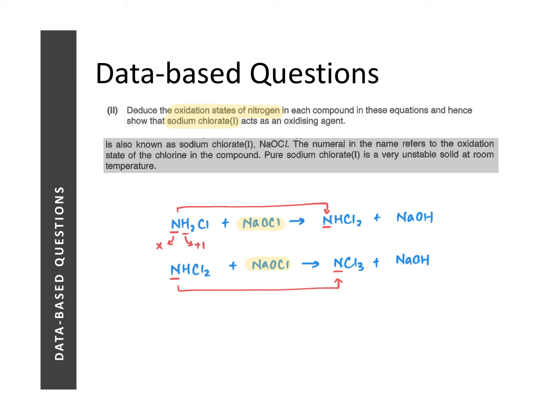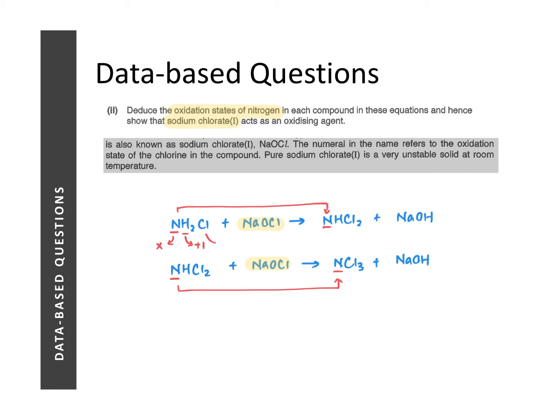Even though chlorine doesn't have a fixed oxidation state, in a case like this we can assume it to have an oxidation state of -1. Why? Because halogens tend to form halide ions. It tends to acquire a charge of -1.